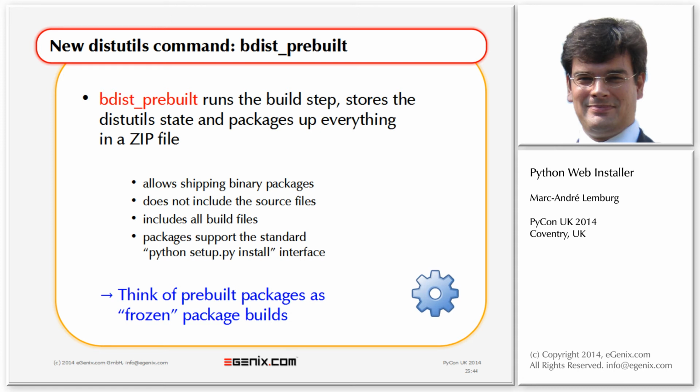We left out all the source files because we don't need them, and we wrap everything up in the zip file. And then we ship the zip file to the user, and on the user system, we basically let distutils continue right at that point where it just built the package, and then let it continue to install the package in the usual way. So the interface is basically the same as you would run a setup.py install.